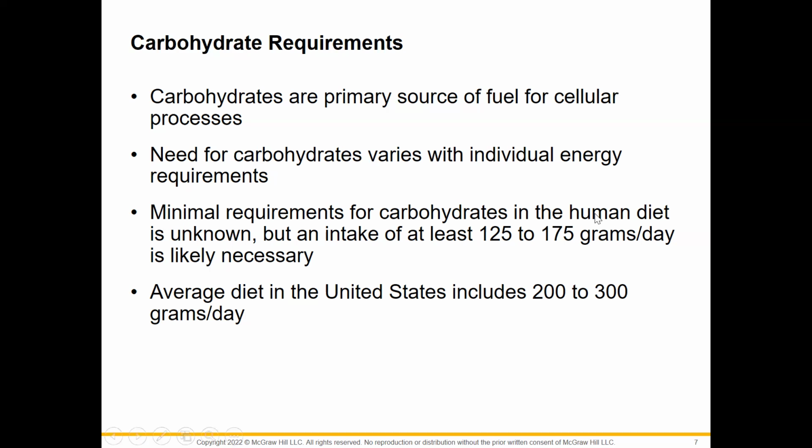So this is basically why the US is starting to get bigger and bigger, because if our needs are 125 to 175 and we're taking in up to 300 grams of carbohydrates per day, we are at minimum taking in twice the amount of carbohydrates that we need. And so a lot of that will be turned into fat cells through the process of lipogenesis, because we're taking in more than we need in those moments.